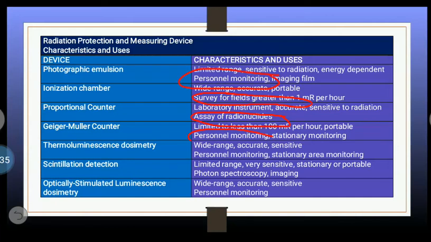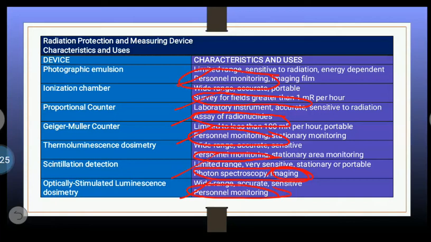Personnel monitoring, and also imaging. So the instruments have different uses. They can be occupational, for personnel monitoring, and they can be for the public. There is also survey for fields, the amount of radioactive substance, and imaging. So the functions vary.